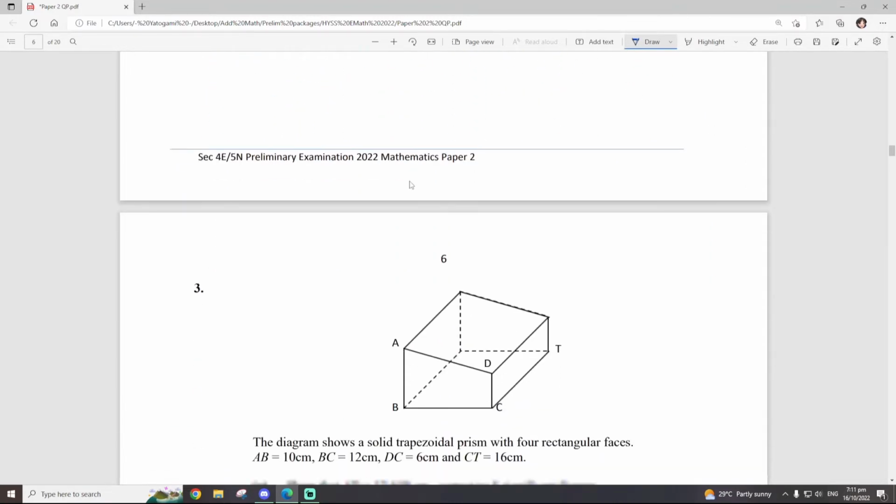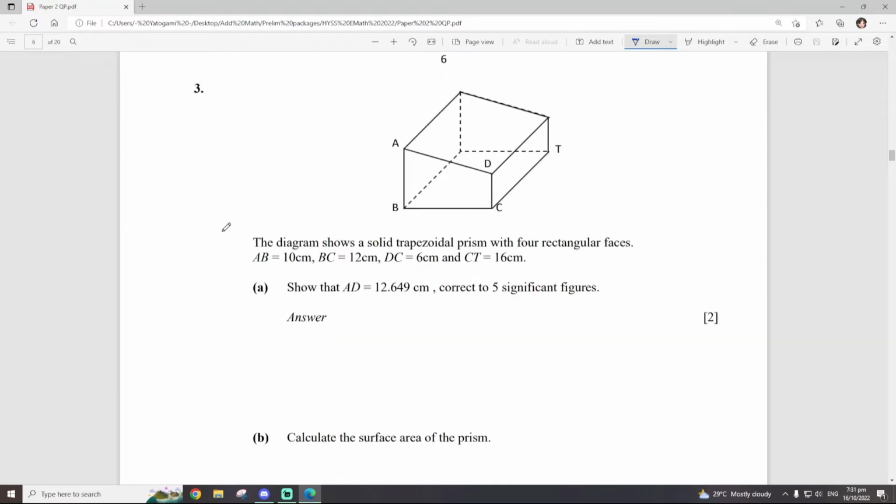Okay. Question 3. So we have a solid trapezoid prism, 4 rectangle faces. AB is 10, BC is 12, DC 6. Show that AD is 12.649. So we have a right angle triangle here. I'll call this F. AF is AB minus BF, and BF and DC are the same.